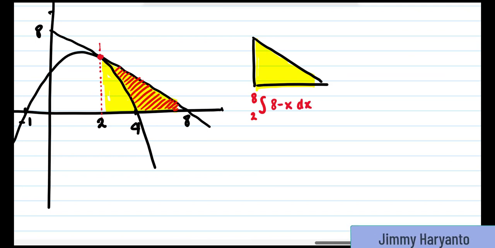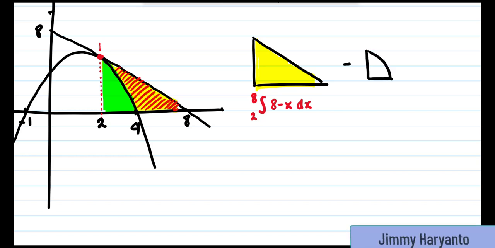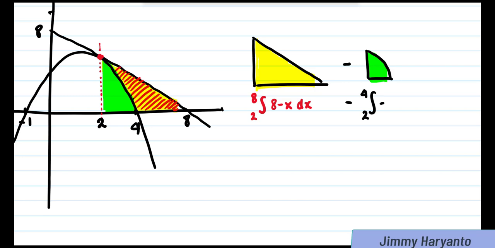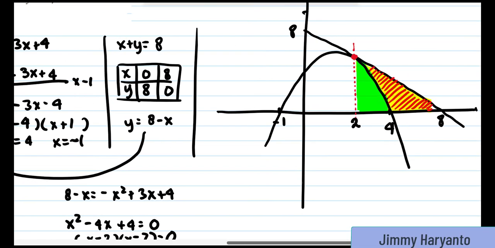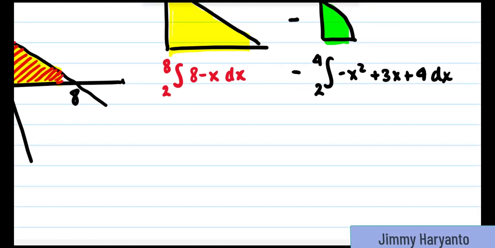And then you have to subtract this one, and you will have the area of the region. For this one, it's the integration from 2 until 4 of the curve. The curve is negative x squared plus 3x plus 4 dx.